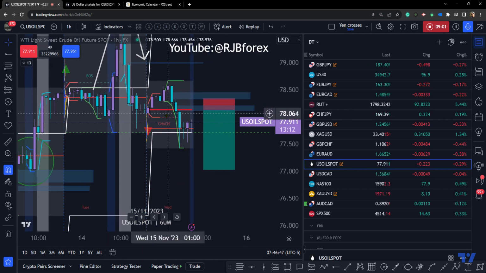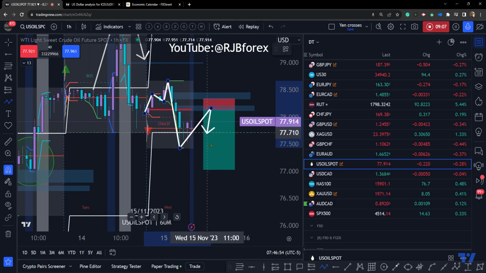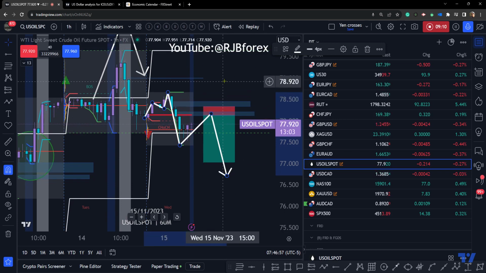So you've got that M formation, so perhaps this is looking quite nice. Pump up to come down. That would be textbook.